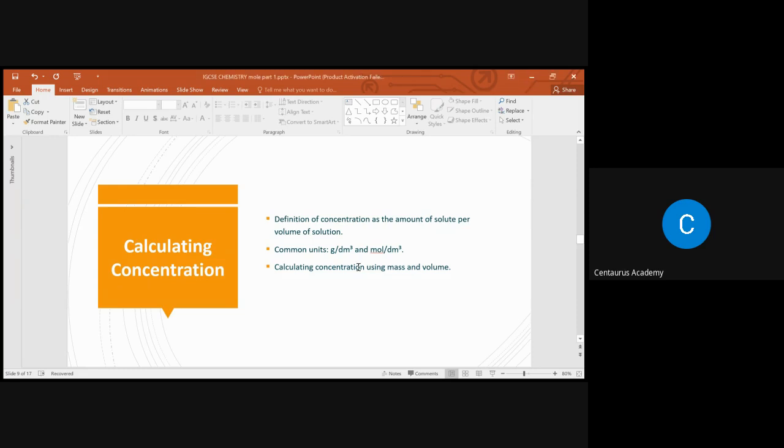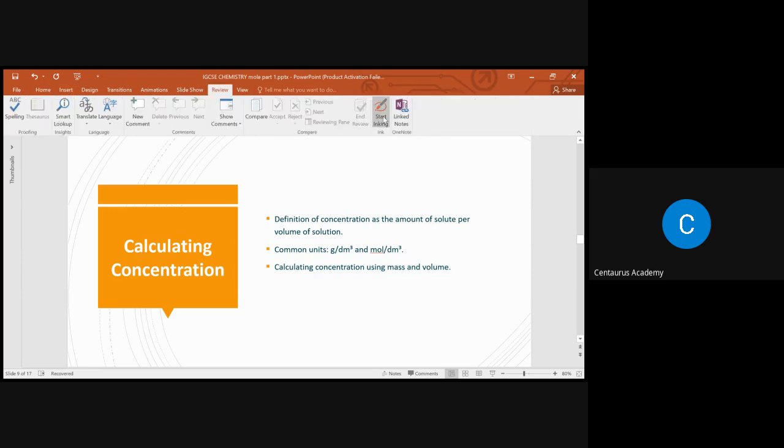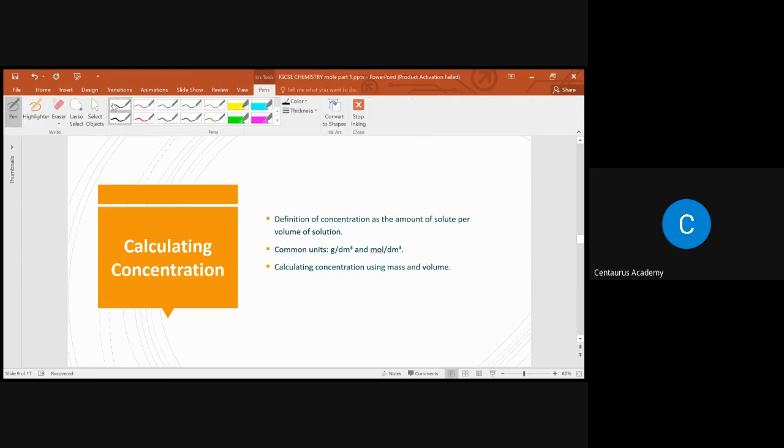We're going to discuss and try to complete most of the leftover topic regarding the mole concept. I think I told you something about concentration as well in the last session. What is concentration? Concentration is when any amount of solute dissolves in a particular solvent. The solute can be either the mass of the solute which is known to you, or the number of moles of solute which is known to you.